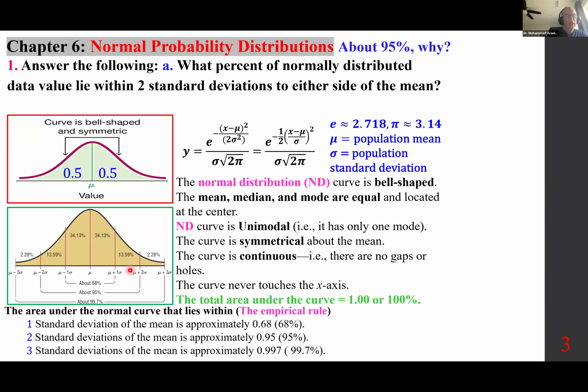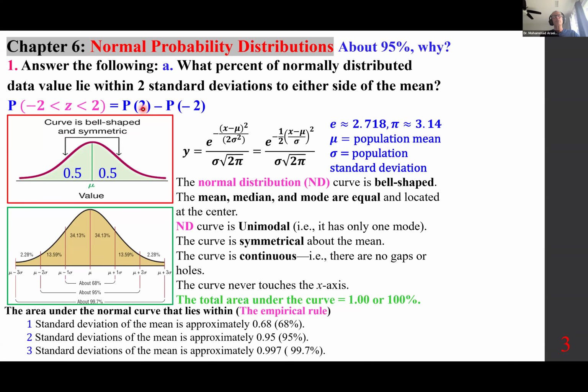If you start from the mean and you go 2 standard deviations of the mean, it is approximately 95%. That's why we are answering that. And if we start from the mean and we go 3 standard deviations away, we cover almost everything. 3 standard deviations of the mean is approximately 99.7%.